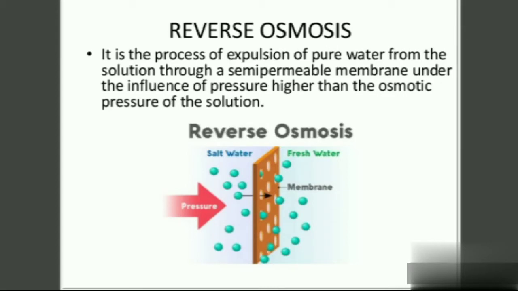We have to apply some pressure to the solution side, here a salt solution. Because of that, the water from the salt solution will go into the normal fresh water. This is used in the extraction of pure water from sea water, where there is no availability of pure water. We use this process, student.